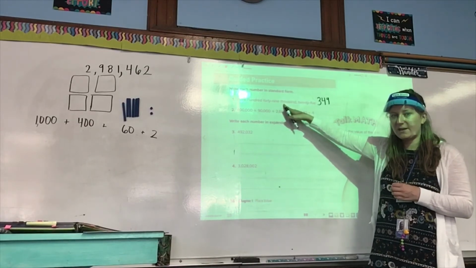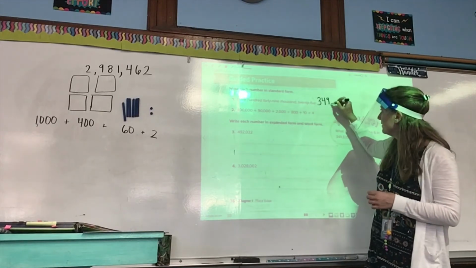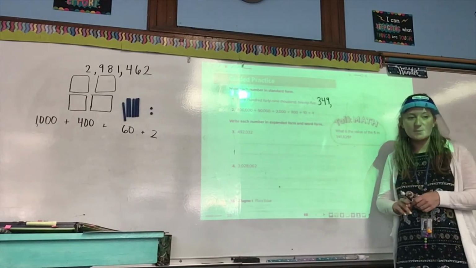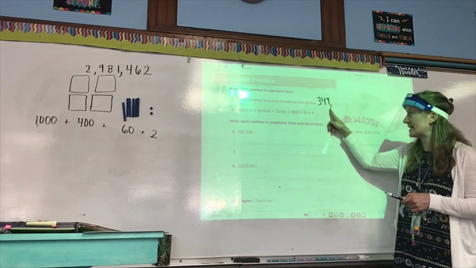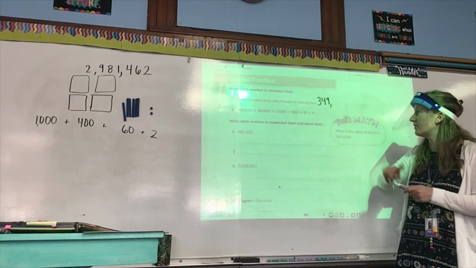A comma. Please don't call out. That's where example 1 will help you. It says in example 1, whenever you get to a comma, you say the name of a period.